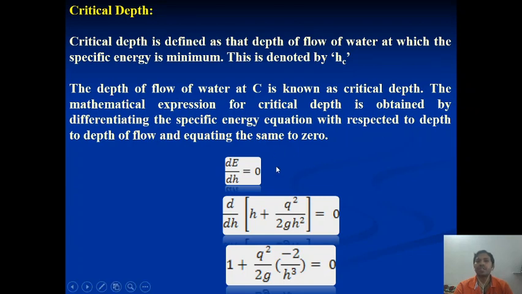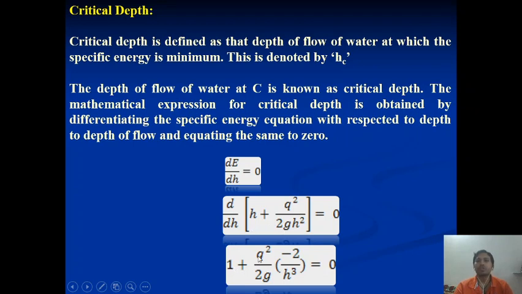So let me assume that the slope of the specific energy is 0. So we say that dE by dH is equal to 0. So we take the differentiation of the specific energy with respect to the depth of the water, equal to 0. Now earlier we derived the equation for specific energy, H plus q square by 2G H square, equal to 0. We take the differentiation.